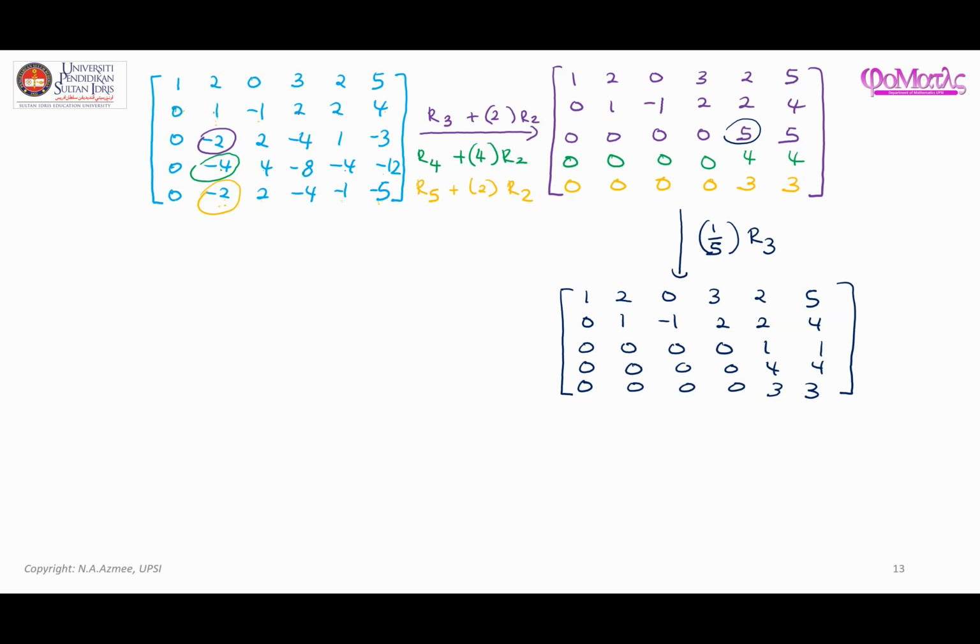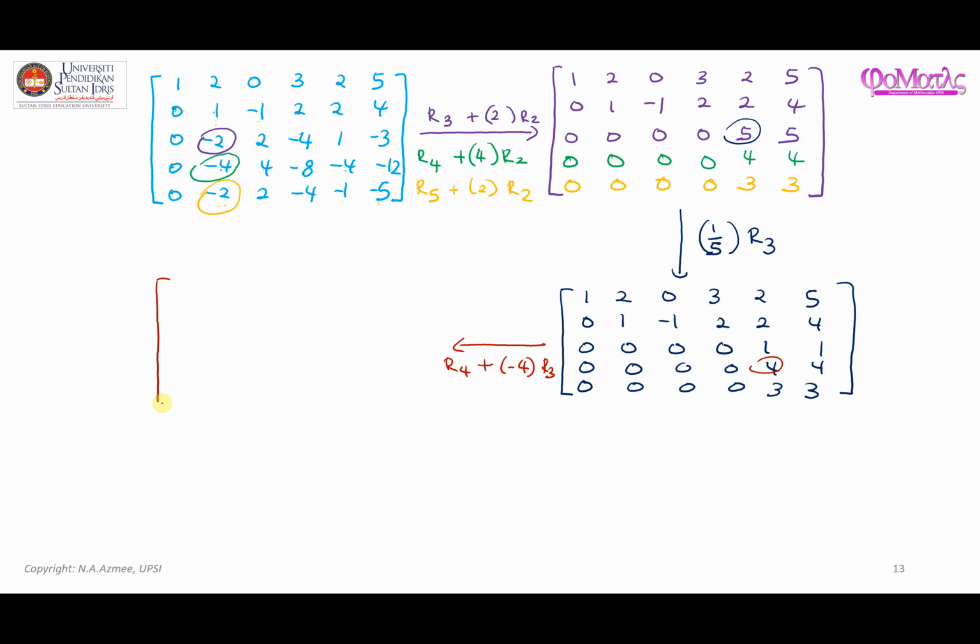Well, clearly what we can do next is change this to be 0. So here you can consider the operation of changing the fourth row plus -4 of the third row.